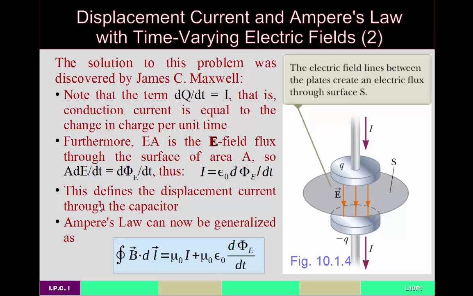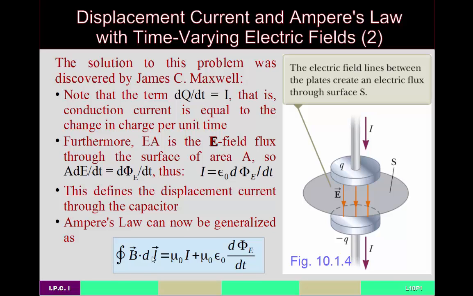And so now we can generalize Ampere's law, and in this form it is sometimes called the Maxwell-Ampere law. Integral B dot dl is mu naught I plus mu naught epsilon naught d phi/dt.